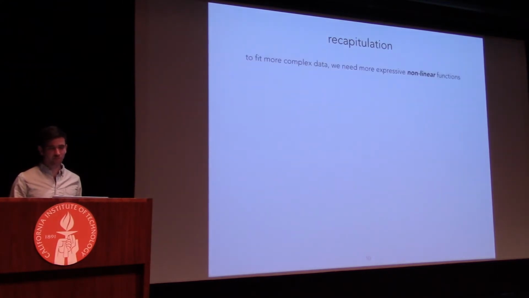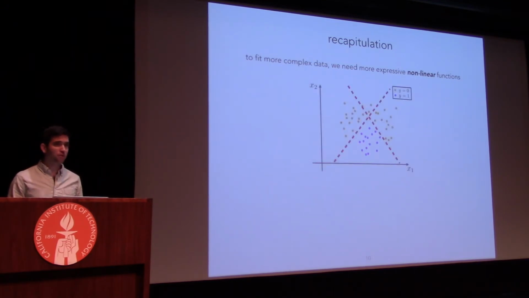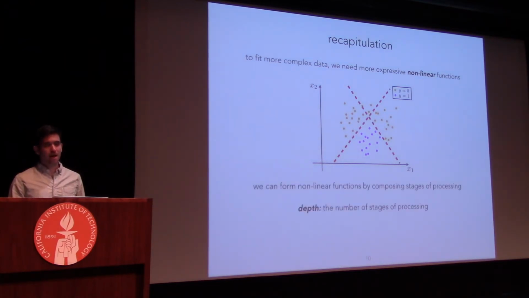So just to recap, we are going to need to build nonlinear boundaries in order to fit more complicated data. One method for doing that would be to compose simpler linear decision boundaries. And we can refer to depth as the number of stages of processing.